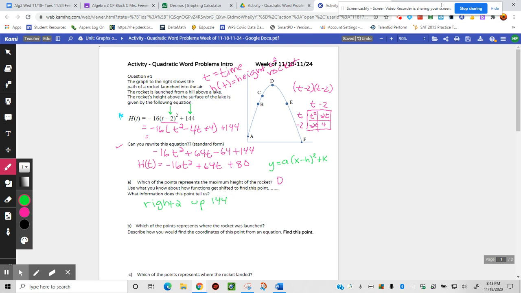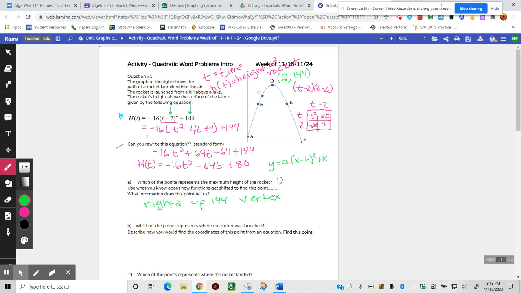Right, so that means that this point right here, this point D, has been shifted 2 to the right and up 144. And that point right there, that's our vertex of this parabola.